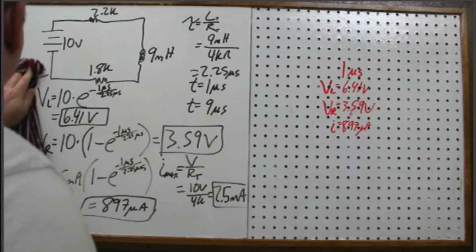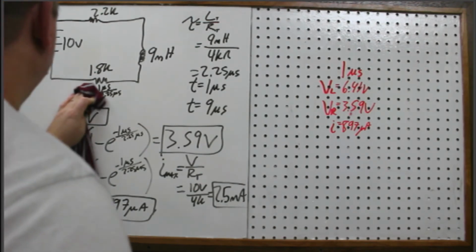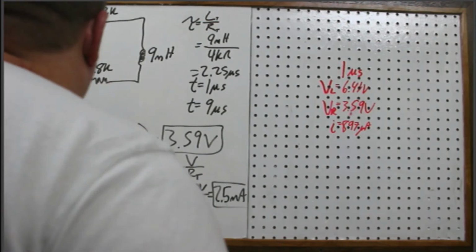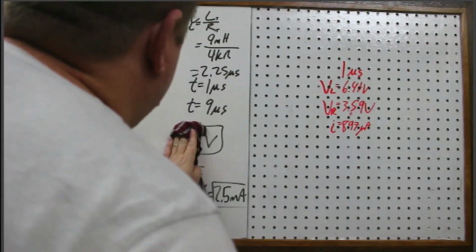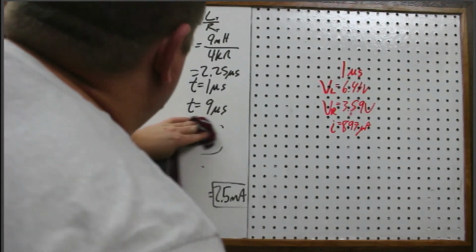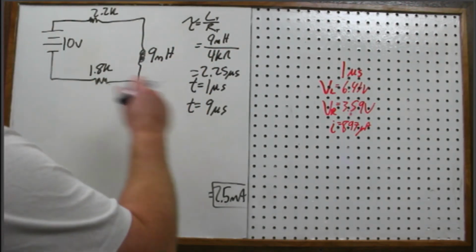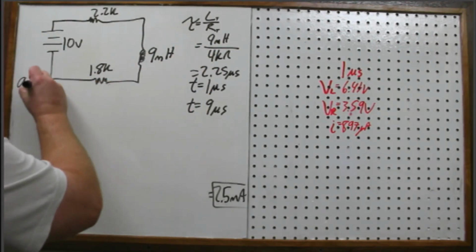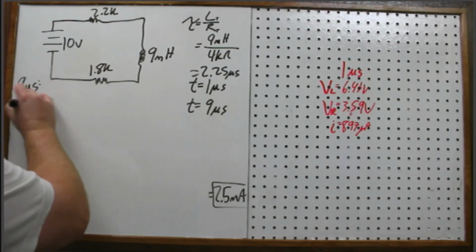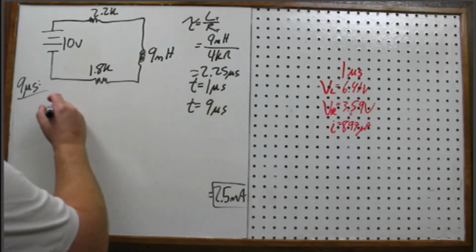Need to keep the 2.5 max current here. All right, so now we're looking at 9 microseconds. This is just before 5 tau, steady state.